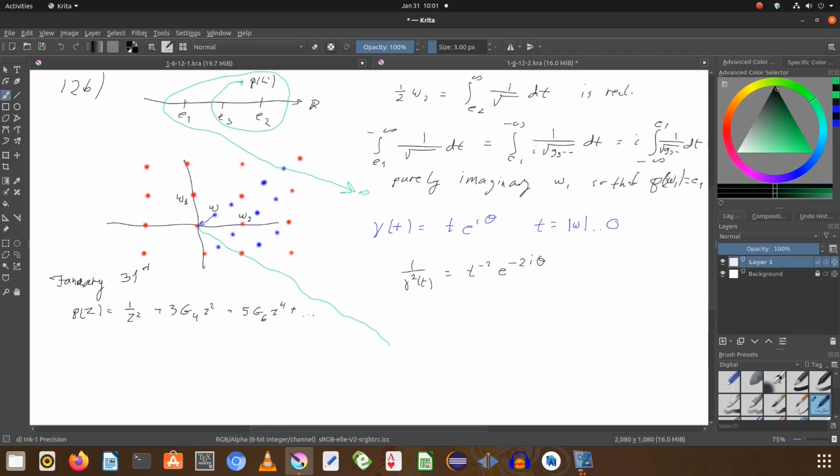That means we'll have to know the integrals from E1 to E3 and E3 to E2. So that raises the question, and from E2 to E3.